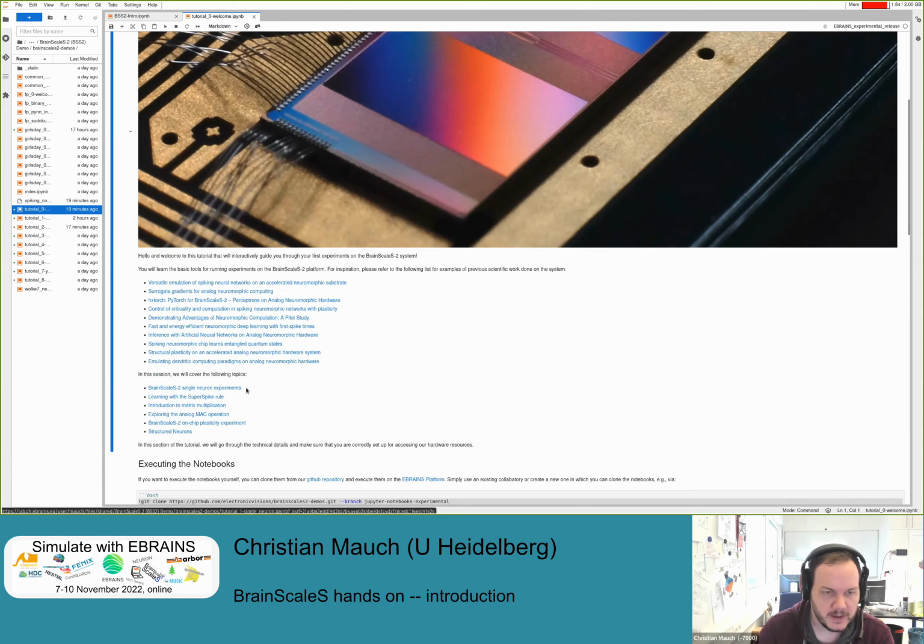So I will start with the single neuron experiment. There I will show in rather detail some of the properties of the analog hardware and how you can use it in PyNN. And then later on, my colleagues will introduce the SuperSpike learning rule and how you can use the PyNN framework to emulate or utilize this learning rule on our hardware.